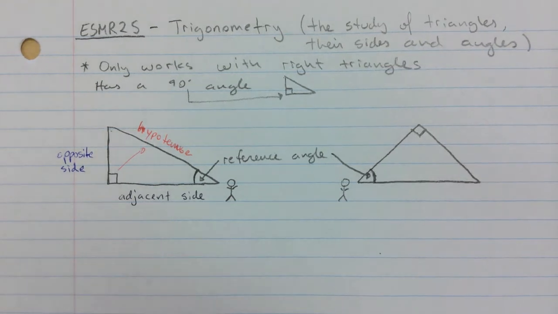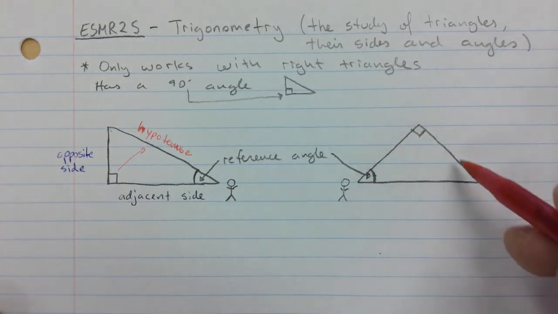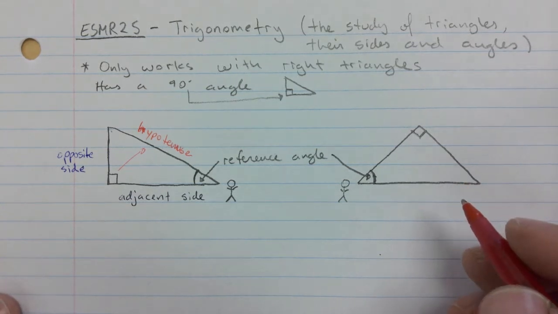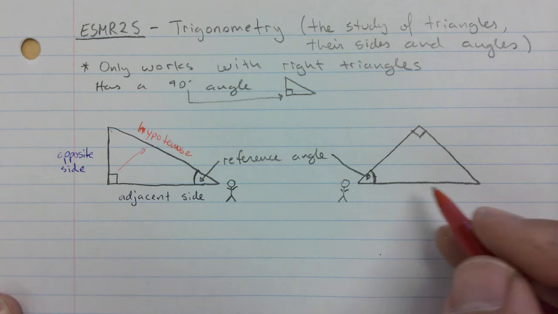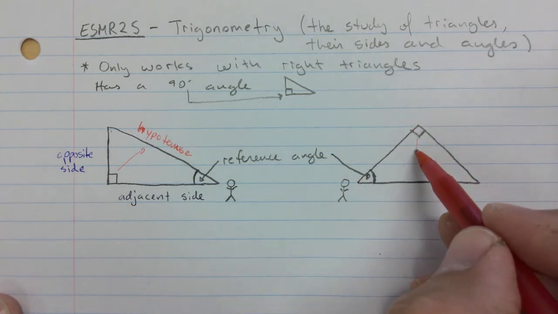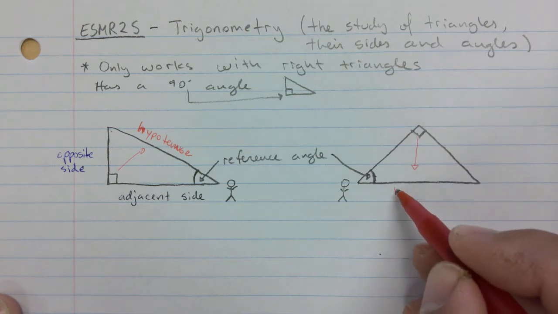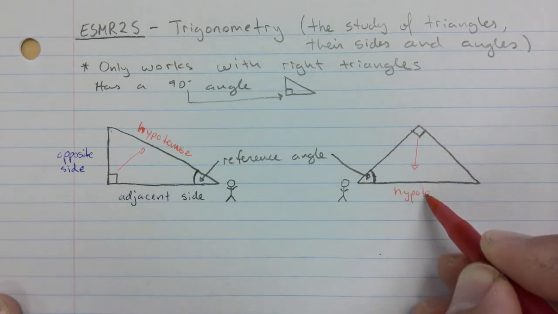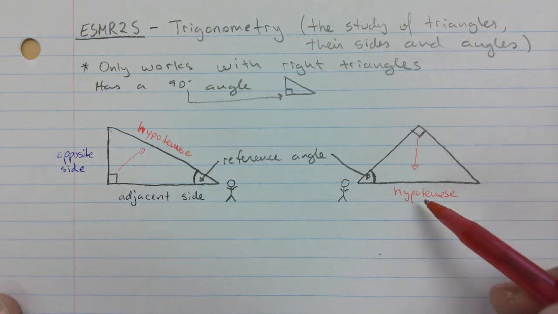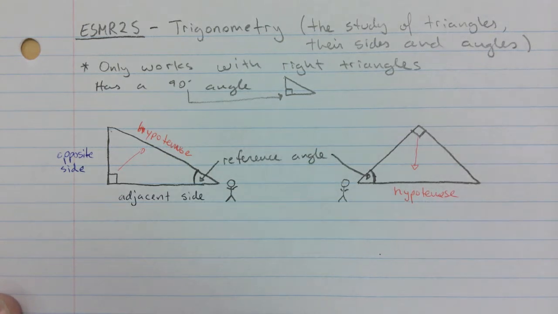Because remember, at the end of the day, we're going to have word problems where these side lengths are going to mean something. They're going to indicate the height of something or the distance, how far away you are from something. So where's the hypotenuse here? It's across the 90. If you get that right, that'll save you a lot of grief. Find the 90 across this hypotenuse.